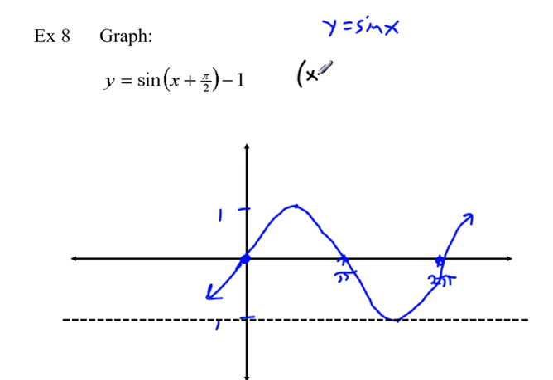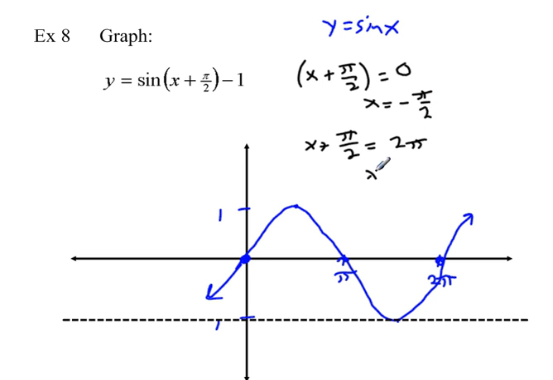So I'm going to put x plus pi over 2 equal to 0 to find our new starting point, and x plus pi over 2 equal to 2 pi to find our new ending point. If I subtract pi over 2 from both sides, I get x equals negative pi over 2. And subtracting pi over 2 from both sides, I get x equals 3 pi over 2. So that means our new starting point is going to be here at negative pi over 2. Our new ending point is going to be here at 3 pi over 2.